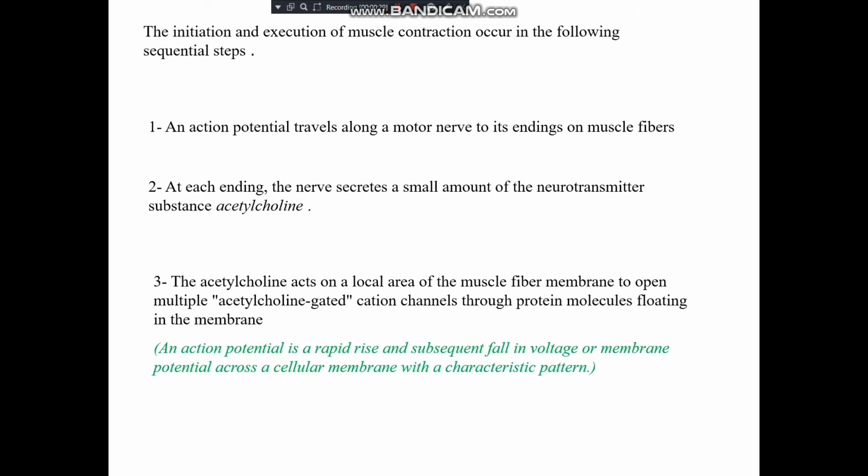And at each ending, you can see, each ending of the nerves secretes a small amount of neurotransmitter. Because while studying the nervous system, we have seen that the nerve endings have vesicles enclosing the neurotransmitters, especially acetylcholine, which is the major neurotransmitter.